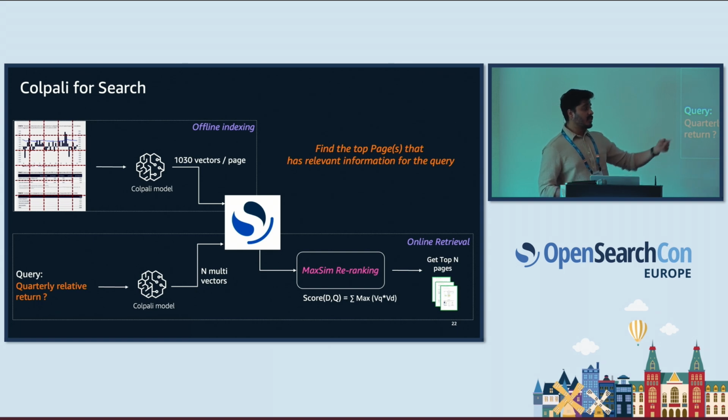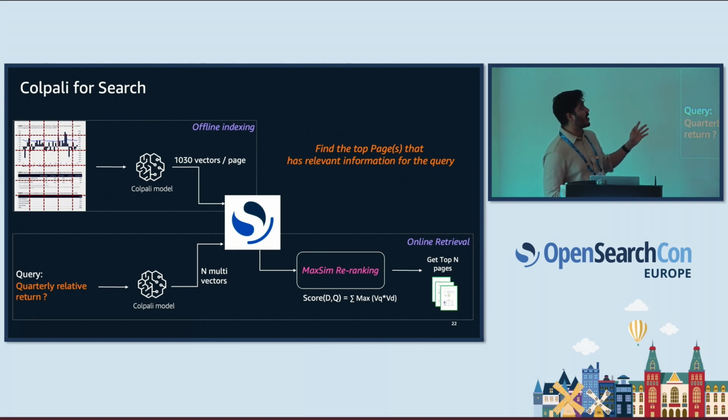Based upon the results, I do a max similarity re-ranking. Here is where the cross dot product of every image patch vector versus every token vector happens. Finally, I reorder those resultant documents based upon this maximum similarity score, and I get the top n pages. These top n pages have information related to your question.